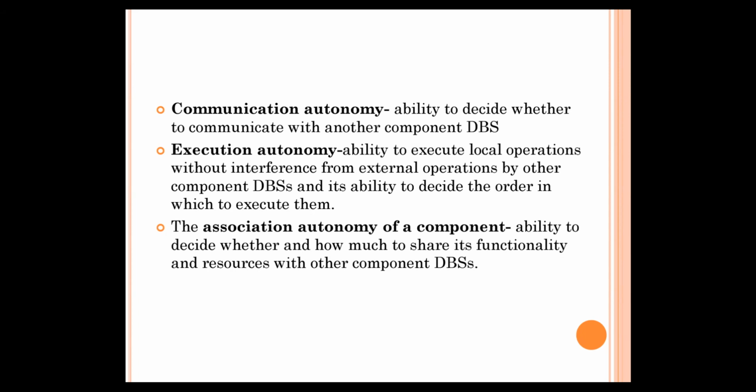Association autonomy of a component is the ability to decide how much to share of its functionality and resources with other components. If they are using heterogeneous backends, the resources cannot be shared. Server site 5 is using an object oriented database, and site 2 is using a relational database like SQL, or they are using Sybase or dBase.